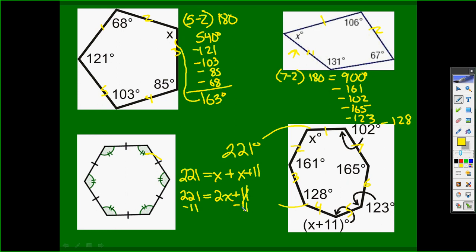It's our floater. 2x equals 210. Divide by 2. Divide by 2. X equals 105. And in this case, this angle here is 105. This is 105 plus 11, which would be 116 degrees.